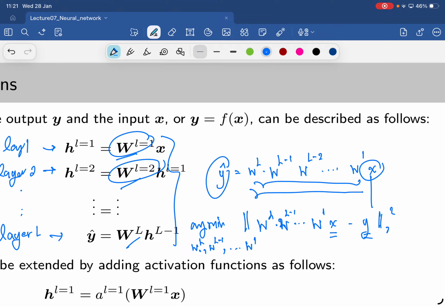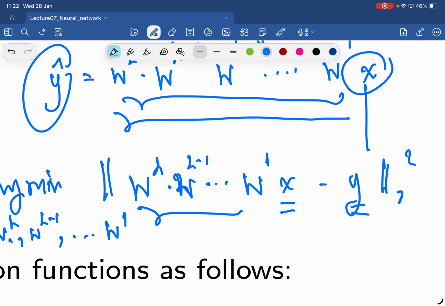You can think of this as a linear system: if you have a large number of unknowns, then you also need a large number of measurements so that you can estimate those unknown weight parameters. And therefore, the more data you have, the more fitted these model parameters will be for your data.